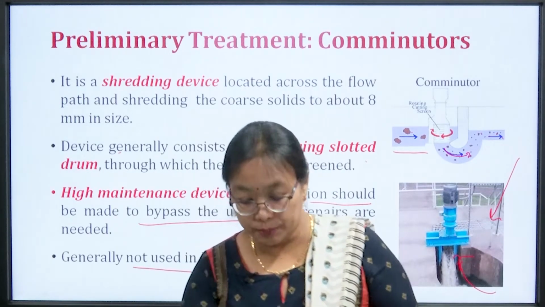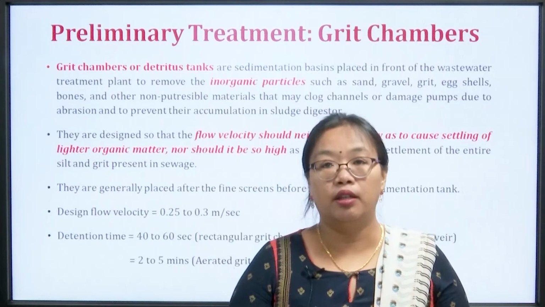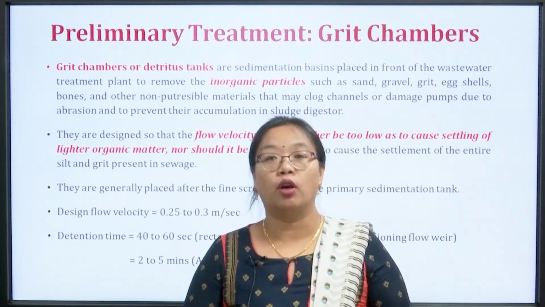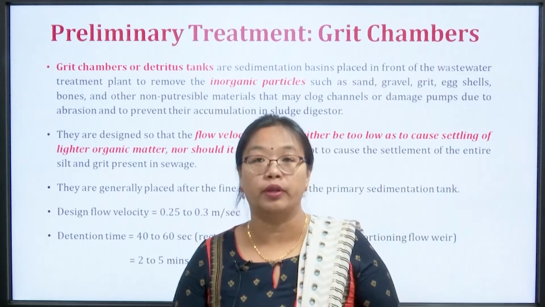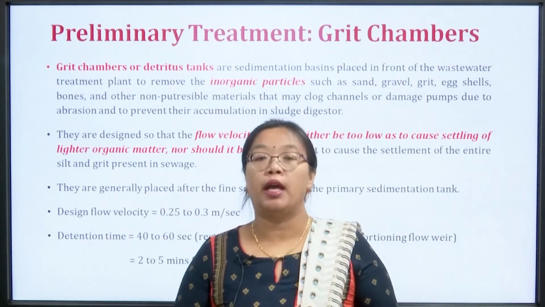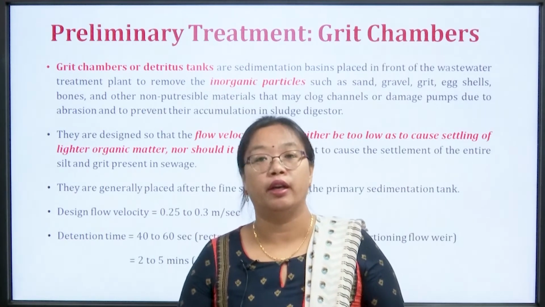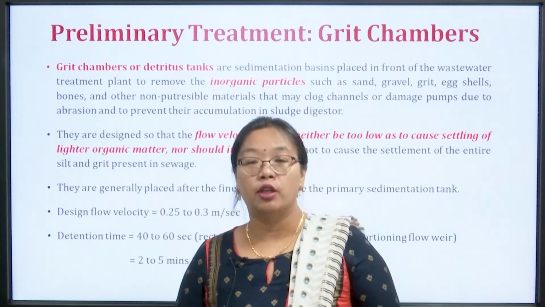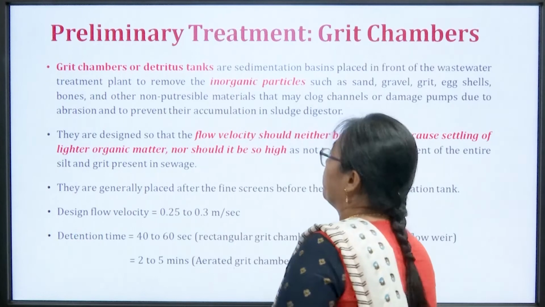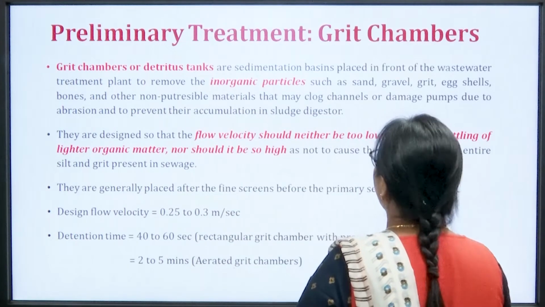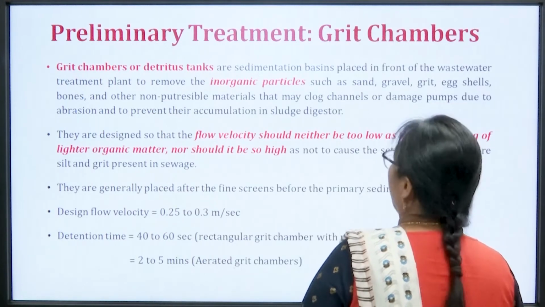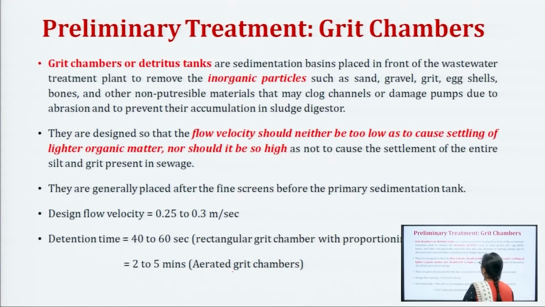Okay. So, the next preliminary treatment is called grit chambers. Grit chambers are extremely important, and most of the time we go for grit chambers in India and everywhere. Why are they so important? Grit chambers or detritus tanks are sedimentation basins placed in front of the wastewater treatment plant to remove inorganic particles.